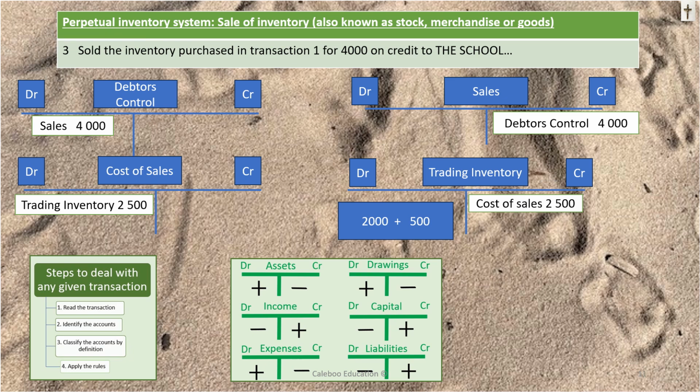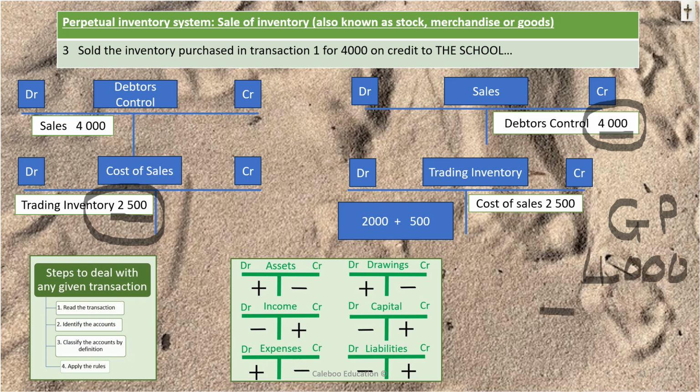I can straight away know a few things, and one thing I know is the gross profit, because gross profit is sales of 4,000 minus cost of sales 2,500. The gross profit before operating expenses and other income is equal to 4,000 minus 2,500.